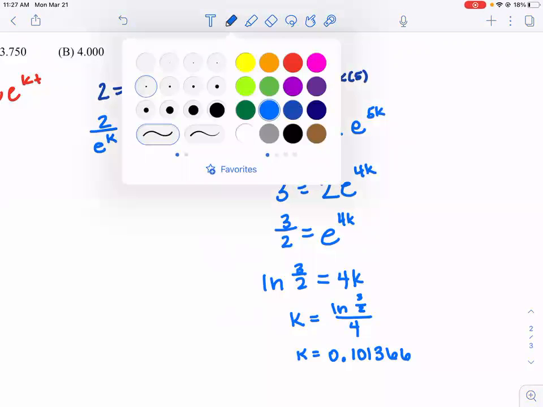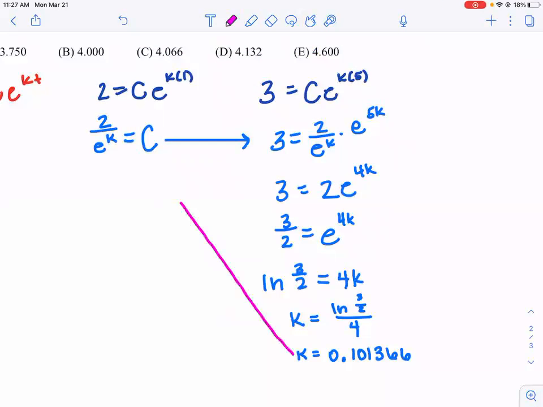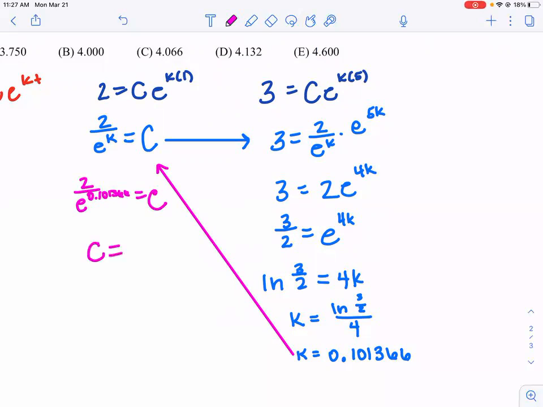Now we need C. So now I'm going to come up here. 2 over e to the k. What is our C? 1.807205.